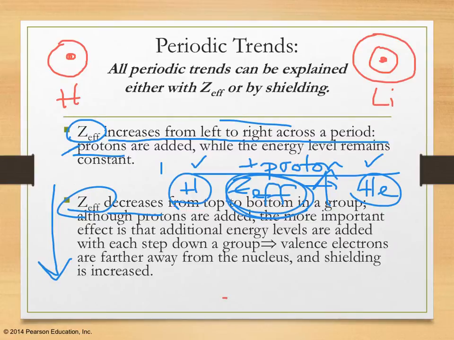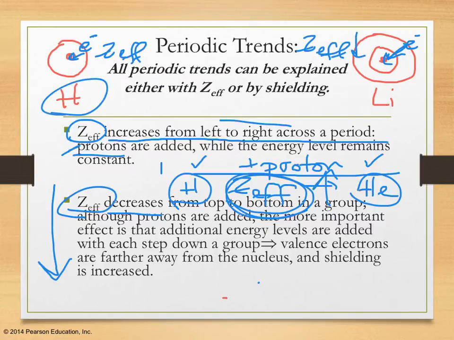So if you're talking about hydrogen, you've got an electron, and the valence electron is pretty close to the nucleus and feels a pretty strong Zeff, effective nuclear charge. The valence electron in lithium, on the other hand, is 1 energy level farther away from the nucleus, does not feel the full effect of the nucleus, and so its Zeff is going to be lower than that of hydrogen's. So Zeff in general decreases going from top to bottom down a group.